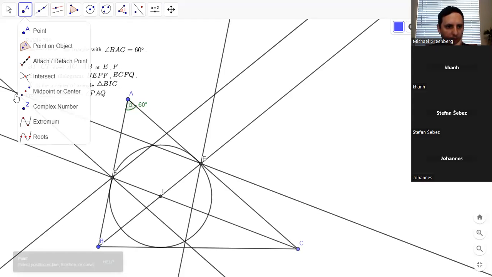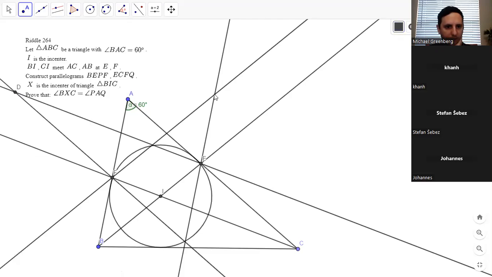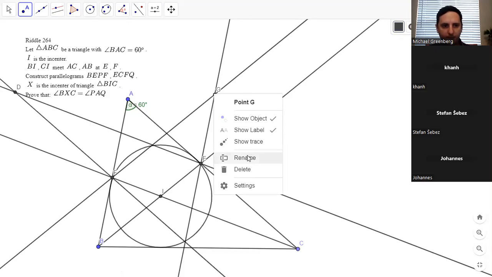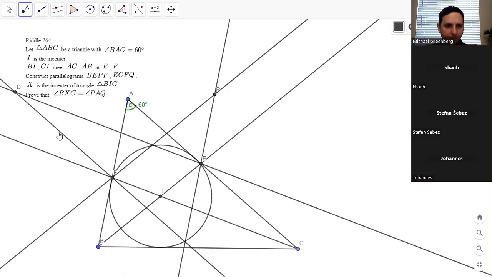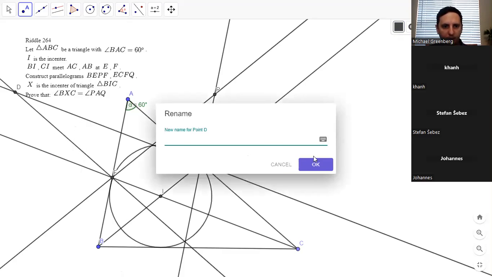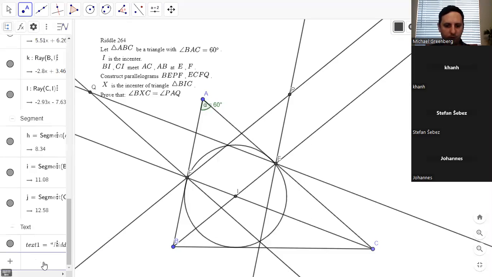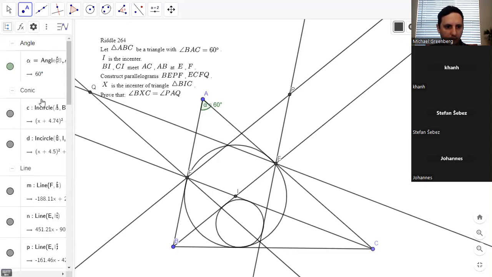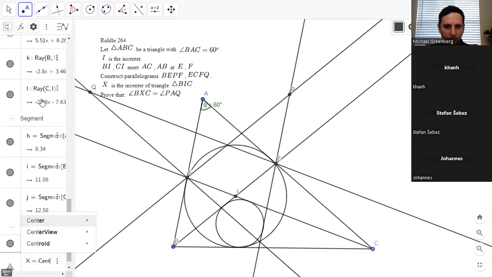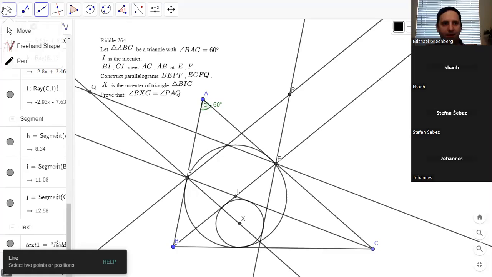All right, so we have this point and this point. This is P, and this is Q. And X is the in-center of BIC. So it's like the in-center of a triangle with the in-center. And then let's see what to call that circle, D. We can calculate angle BXC in terms of BIC, so maybe we don't have to. Yeah, just keep it. I agree. We don't even really need X.